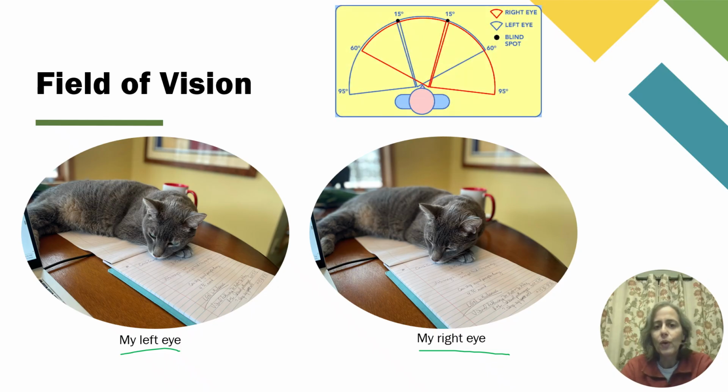I also kind of did these 2 ovals. It's not quite like that. If you look at this diagram up here, your nose is in the way. So your right eye can only see from here around, and your left eye can only see from here and around. So it's a little bit different, but you get the gist.